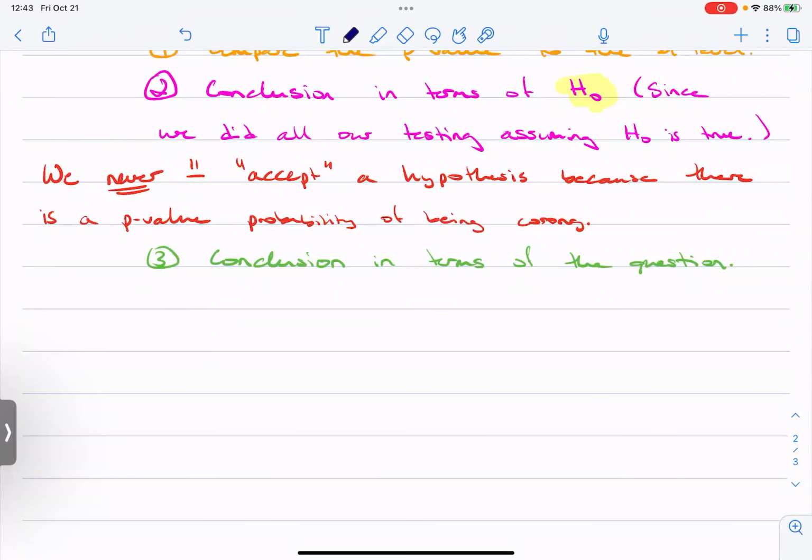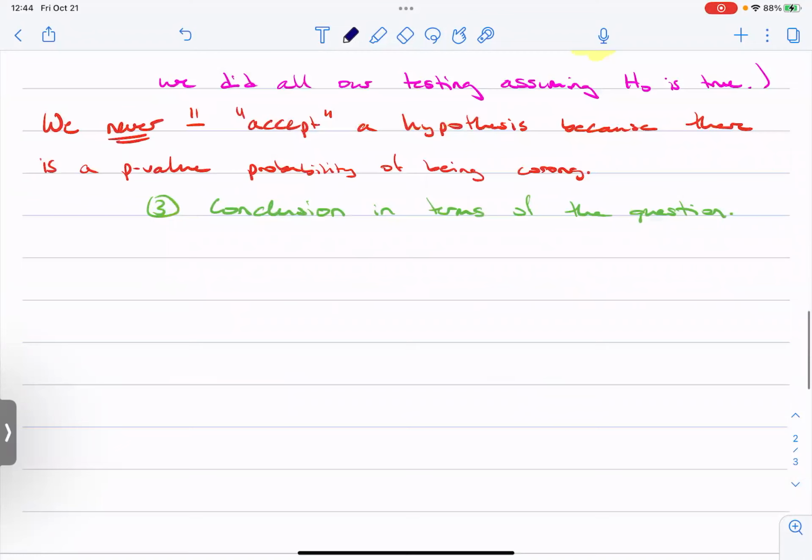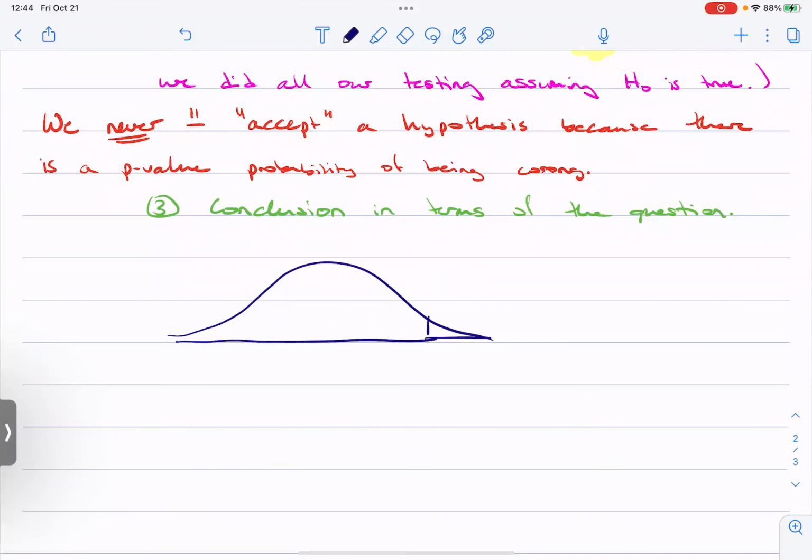In the conclusion, when we state the p-value is small enough, is that a measure of extremeness? Yes. Because the p-value is a measure of extremeness. It's going to be some area in the tails, and your p-hat is going to be out here.